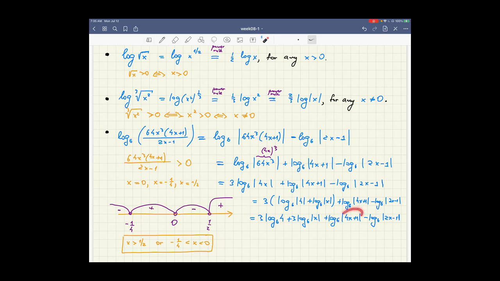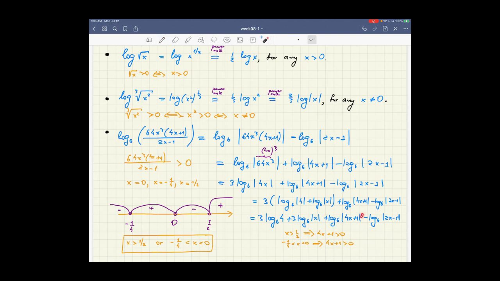How about this one? If again x is positive, I'm all right, but if x is greater than 1/2, of course 4x plus 1 is positive. But if x is in between -1/4 and 0, we still have 4x plus 1 positive.